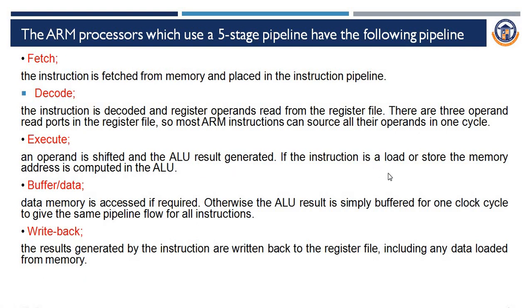If the instruction is a load or store instruction, the memory address is computed in the ALU. What is buffer and data? Data memory is accessed if required. Otherwise, the result of arithmetic operations is buffered for 1 clock cycle. Write back: finally the result is stored in the destination register file.